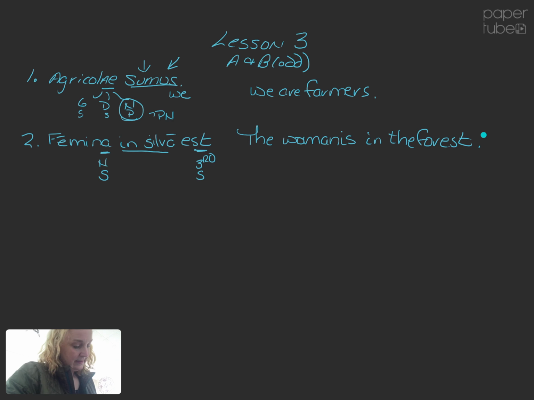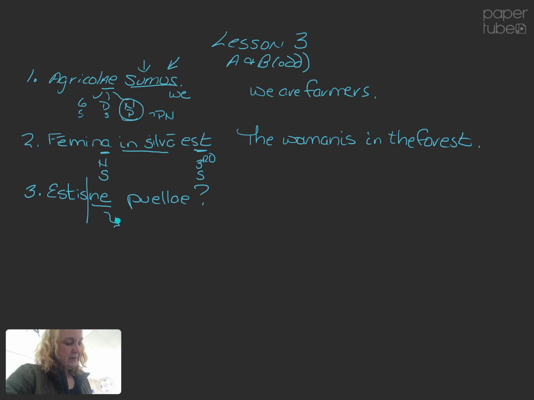Number 3. Estisne puellae. I see that enclitic ne, which is the question mark in Latin. Estis, you, plural, are. And then I have a nominative plural to be my predicate nominative.